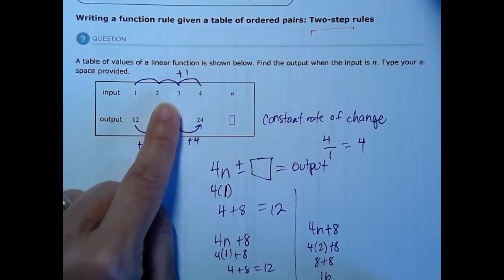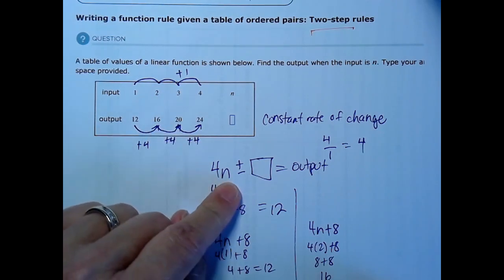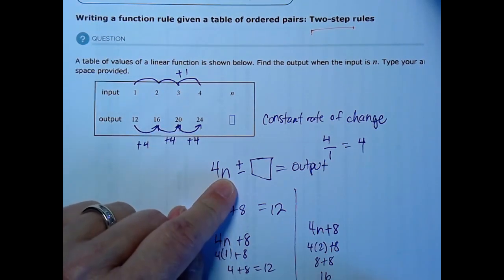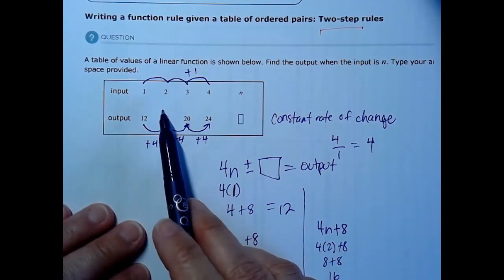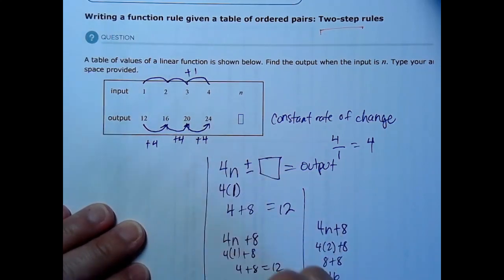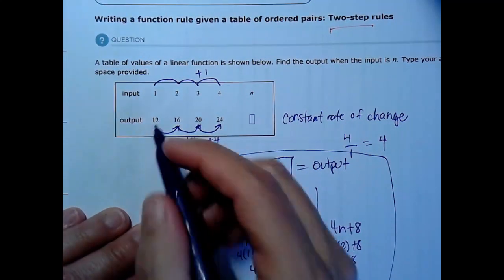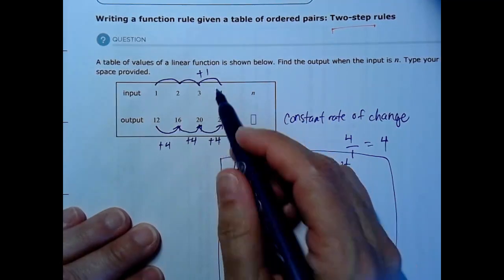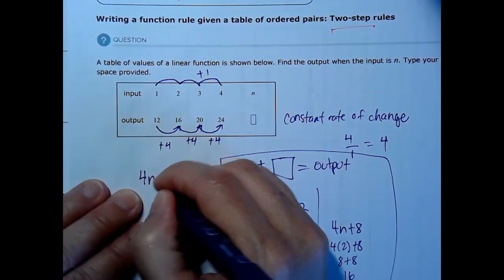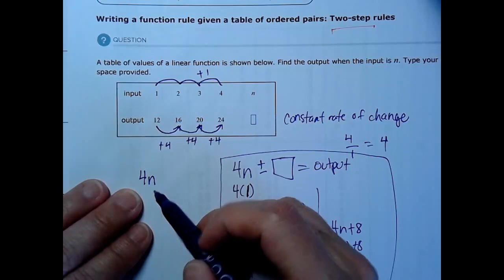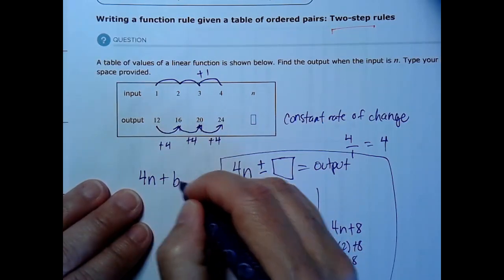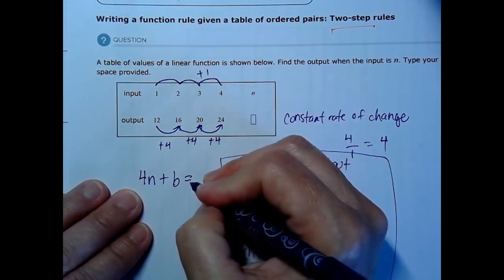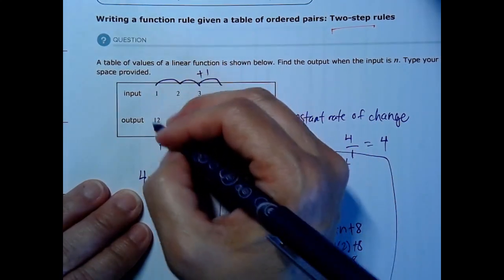Okay. So I know that I need my multiplier, but from that multiplier, I know that I have to add or subtract something in order to get there. So if this piece confuses you, you could find your multiplier, easy enough. So that's 4n, because you know you have to multiply it, right? And then plus, we can call it b, and then that has to be equal to our output.